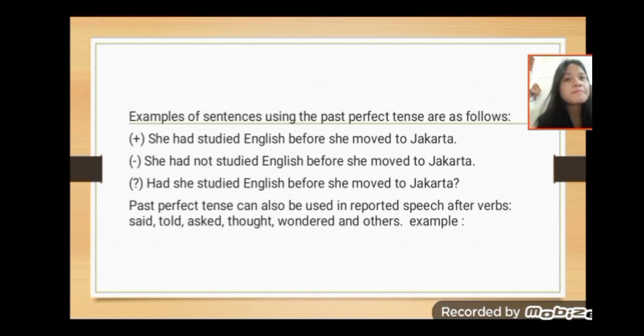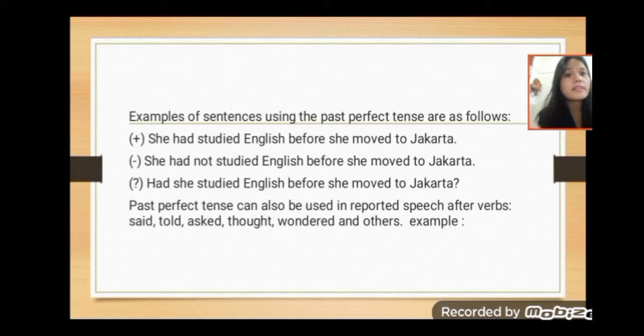Examples of sentences using the past perfect tense are as follows. Positive: she had studied English before she moved to Jakarta. Negative: she had not studied English before she moved to Jakarta.